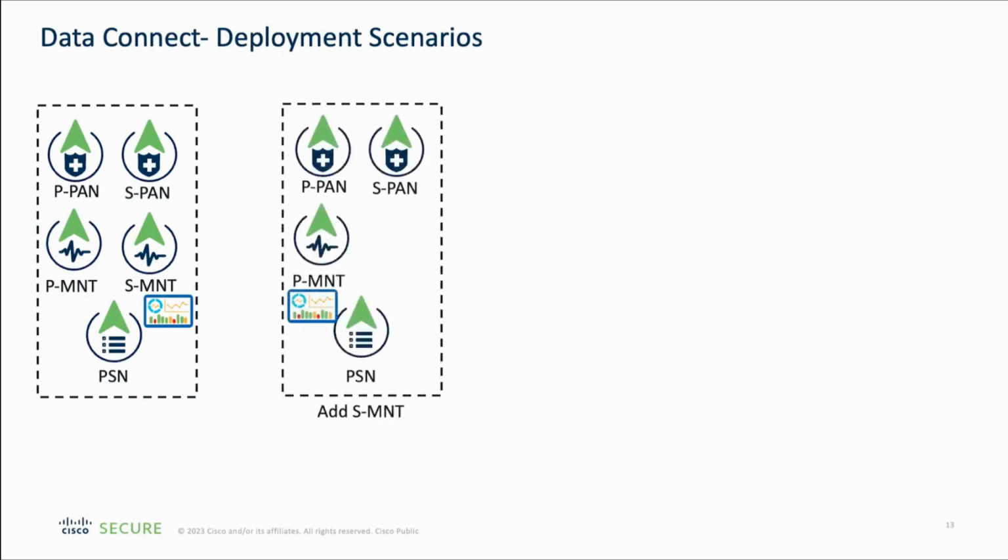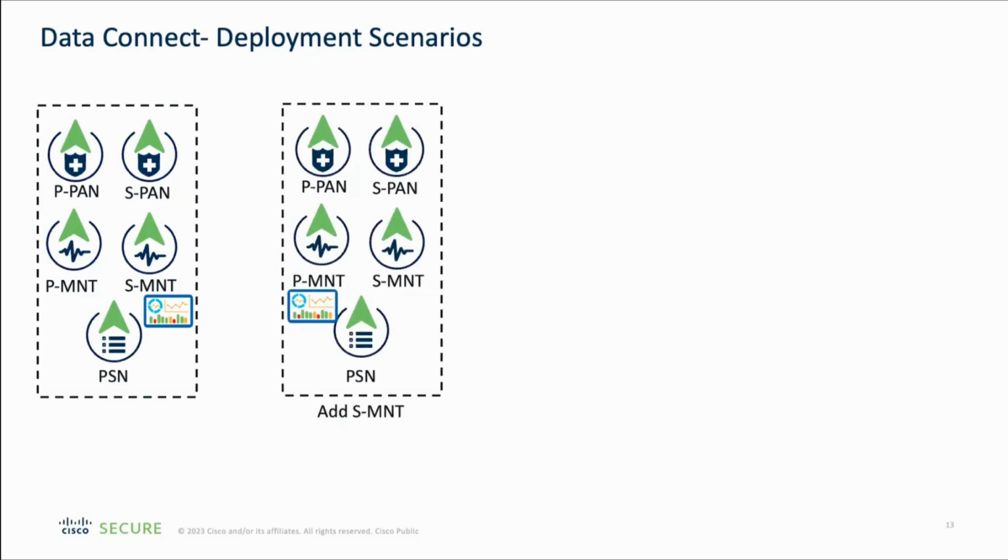In this case, everything will be in charge of the primary MnT. And as soon as we include a secondary MnT in our environment, we are going to be able to have DataConnect. But here's one point that I want you to know, and this is regarding how we are going to move DataConnect to the secondary MnT.